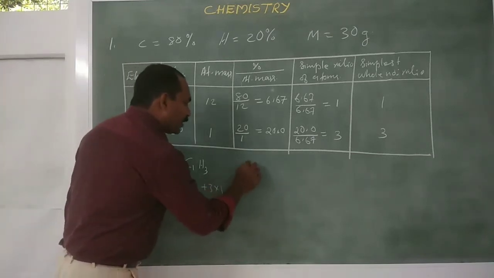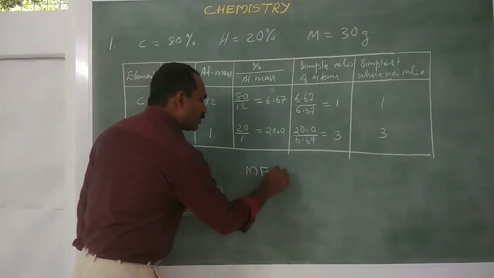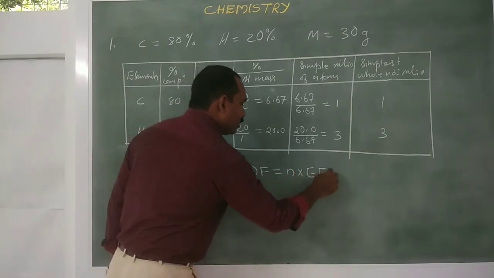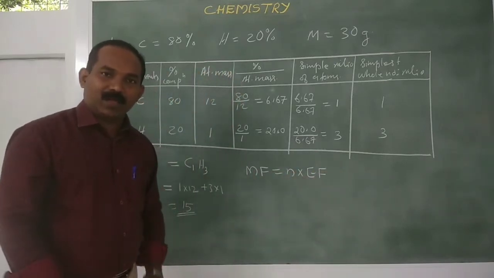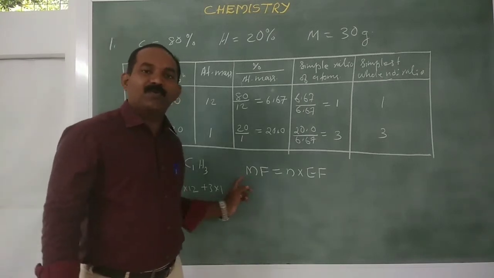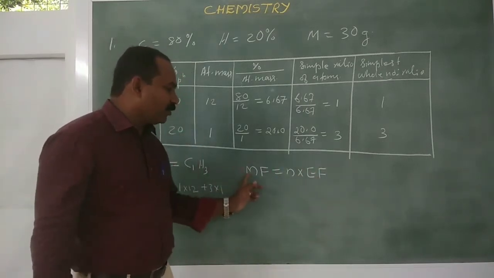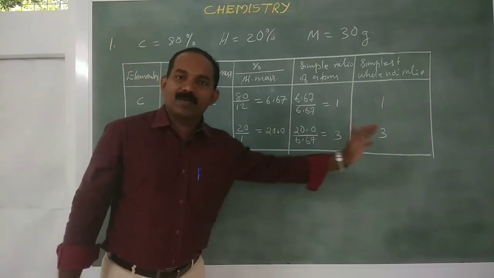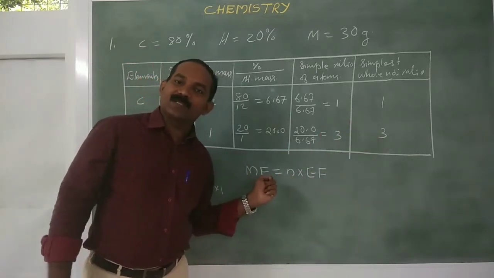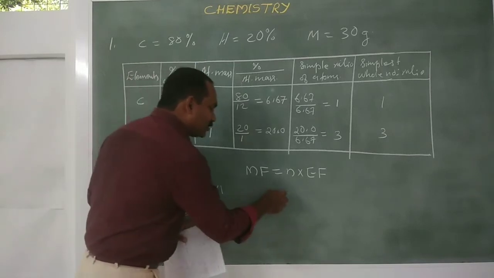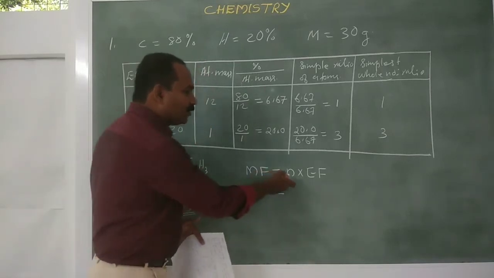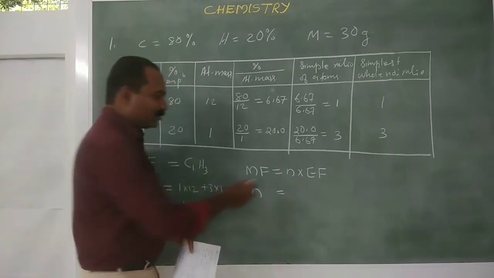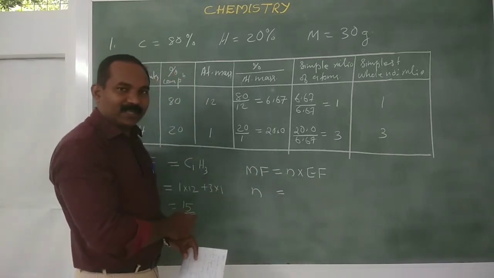Then, what is molecular formula? Molecular formula is N into empirical formula. Okay, you write in your notebook full form. Molecular formula is equal to N into empirical formula. I write only the symbols. Then we don't know the N. So N we have to find. What is N?